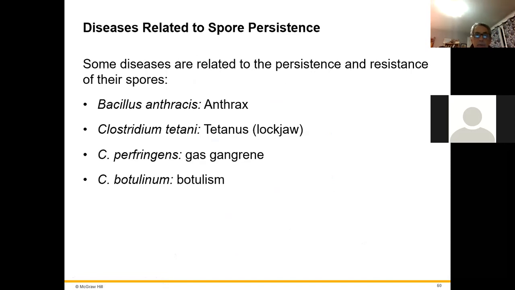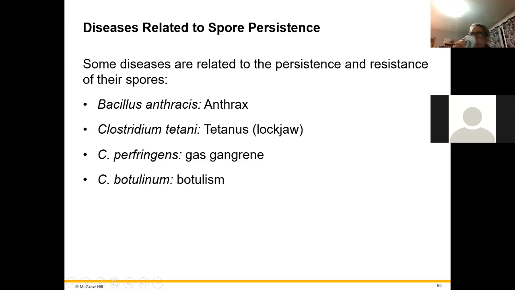Diseases related to spore-forming bacteria: there's Bacillus anthracis, anthrax, and Clostridium tetani, which causes tetanus. This is a neurotoxin. Clostridium perfringens causes gas gangrene.